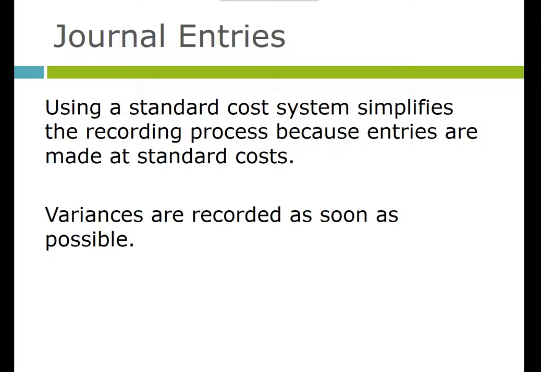So when I buy raw materials, it'll be the actual quantity times the standard cost, not what I actually paid for it. And then that's the number that goes from raw material into work in process into cost of goods sold. Labor goes in the standard quantity at the standard cost. And then that transfers into work in process. And the same thing with overhead: you allocate it at standard.